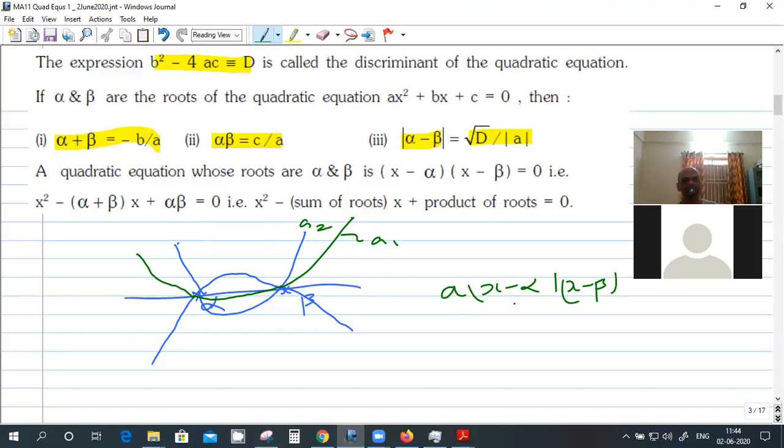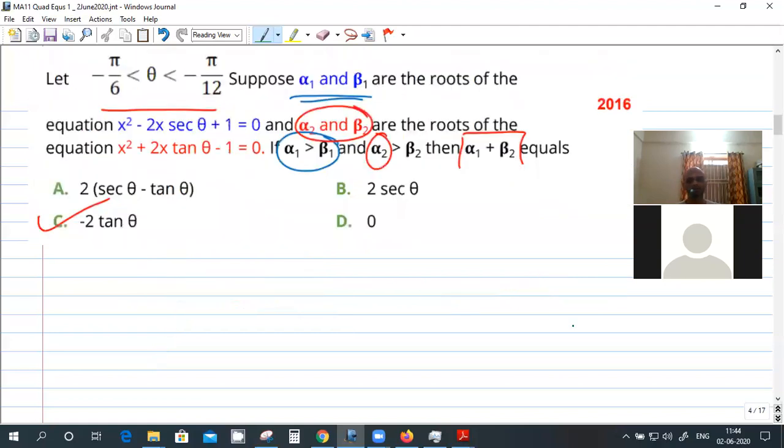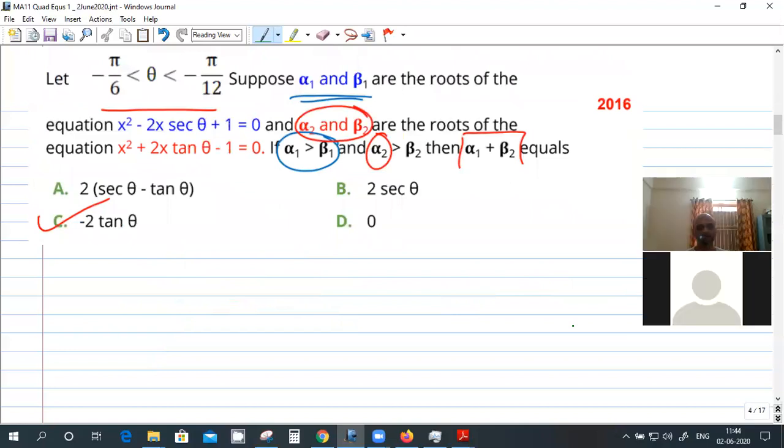Okay. Right. So this is a JEE Advanced question 2016. Can you just try this one?